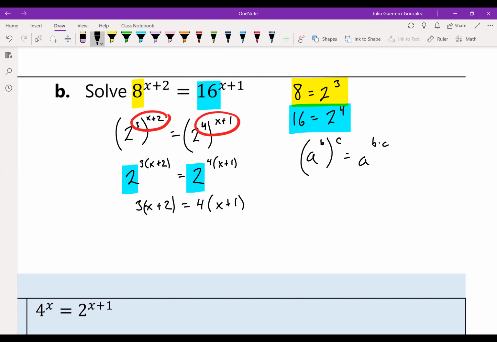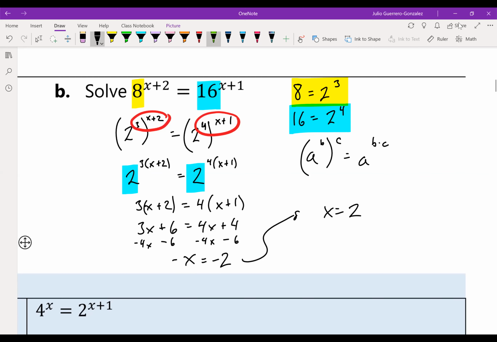We distribute. 3x plus 6 is equal to 4x plus 4. Minus 6, minus 6, minus 4x, minus 4x. So minus x is equal to minus 2, x equals 2. And we are done.